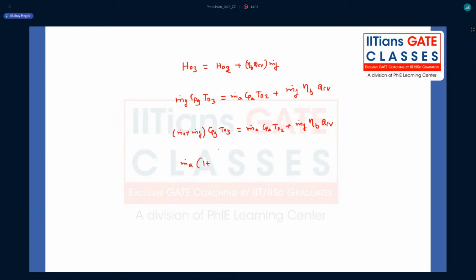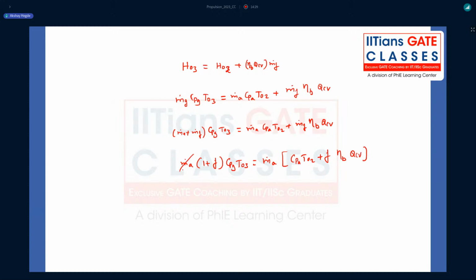Now if I take the mass flow rate of air common, that gives me (1 plus F) CPG times T03, where F is nothing but mass flow rate of fuel to mass flow rate of air, which I am representing as the fuel to air ratio. On the right side, taking mass flow rate of air common, it becomes Cp of air times T02 plus m dot F by m dot A, again the fuel to air ratio, times combustion efficiency times QCV.